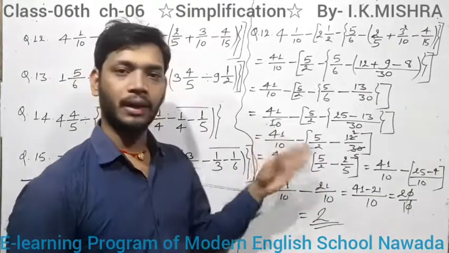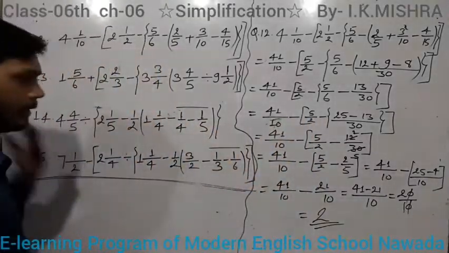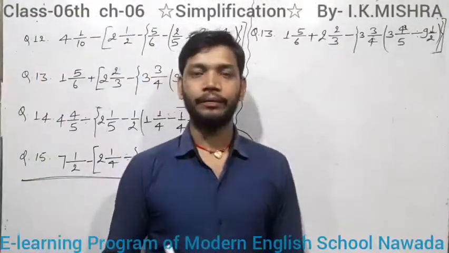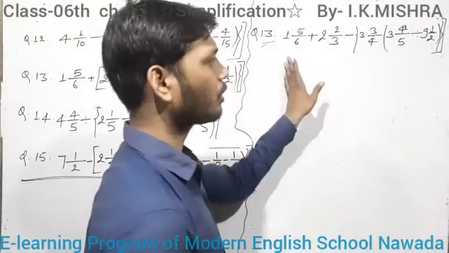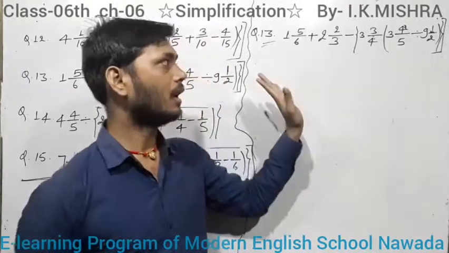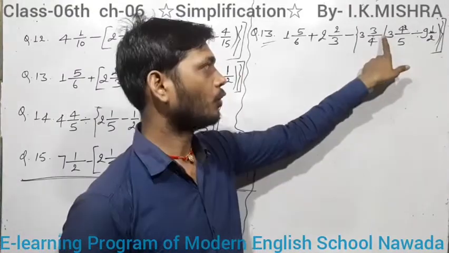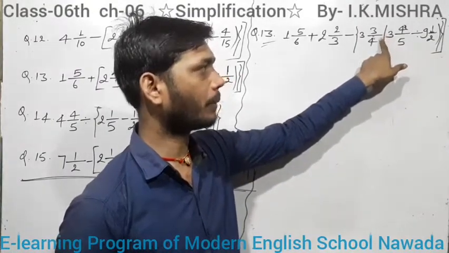Now proceed to the next question, question number 13. Students, here the 13th question is written, and in this question students notice that at this place no sign is given before the bracket.